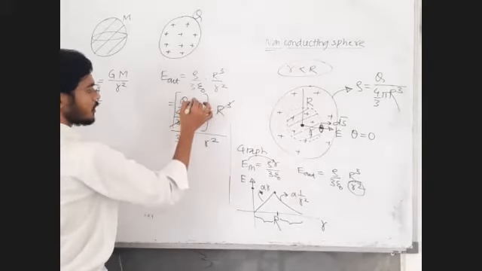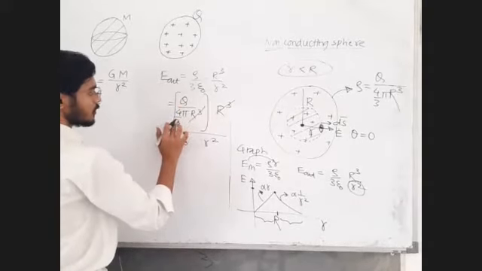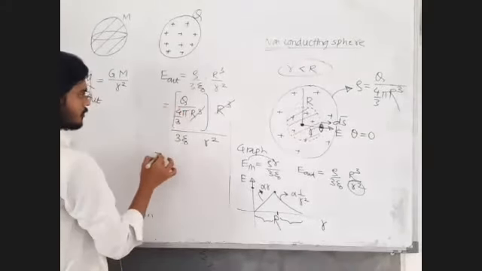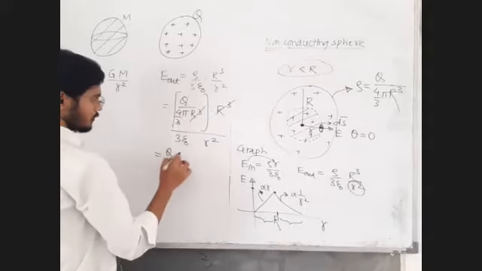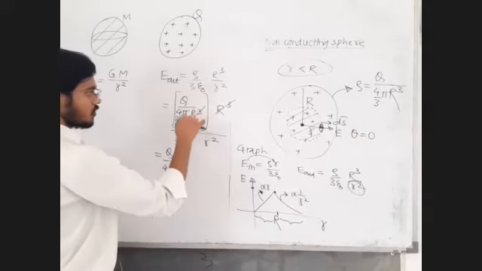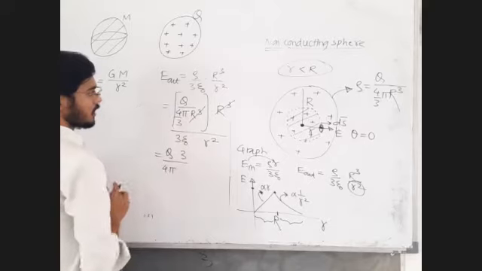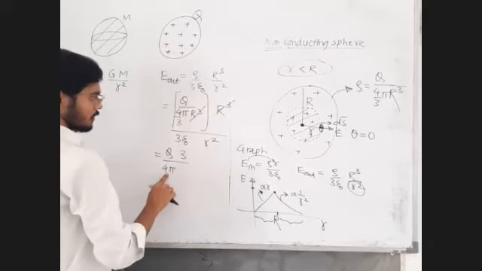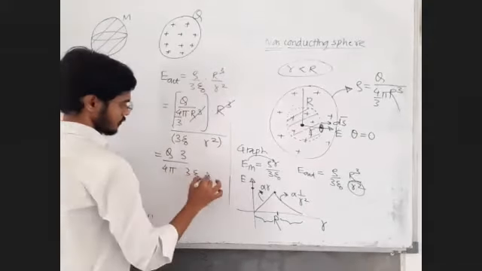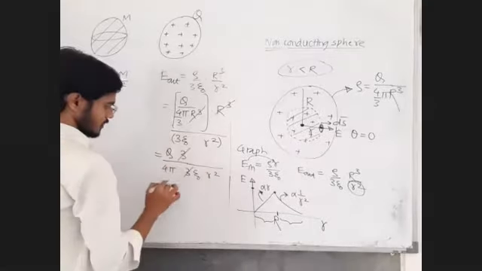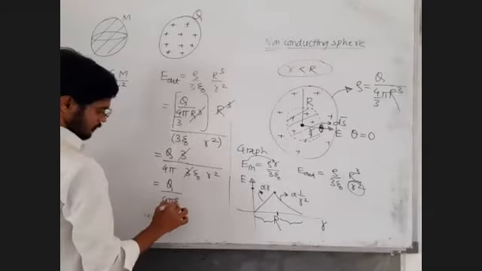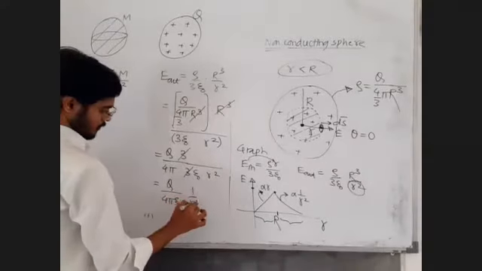This 3 is in the numerator and 4 pi as it is. If you don't want to do it here, you may cancel out this 3 also, but that might confuse you, so I will do the next step. Here all the things are taken care of: 3 in the numerator, 4 pi in the denominator, and this is also a denominator. The 3 cancels, giving q upon 4 pi epsilon 0 into R square, 1 upon R square.